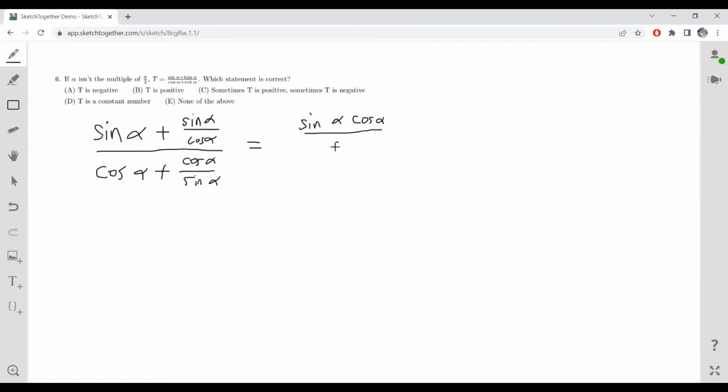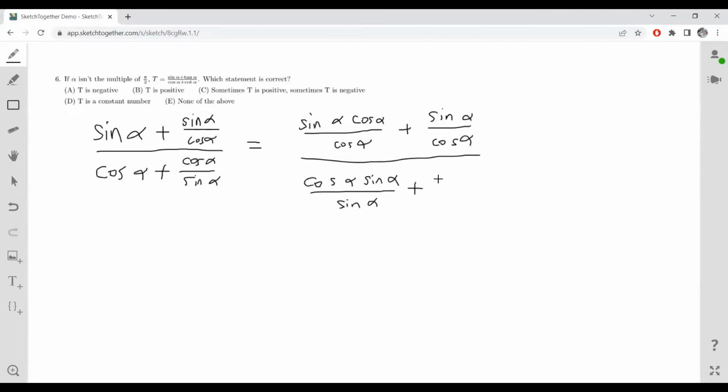So we're essentially multiplying by 1, so that doesn't change anything. And tangent alpha stays the same over cosine alpha. Here we're multiplying by sine alpha divided by sine alpha, and we're not changing anything because we're multiplying by 1, and plus cosine alpha over sine alpha.